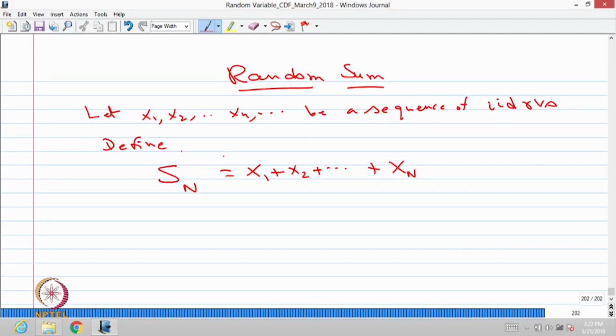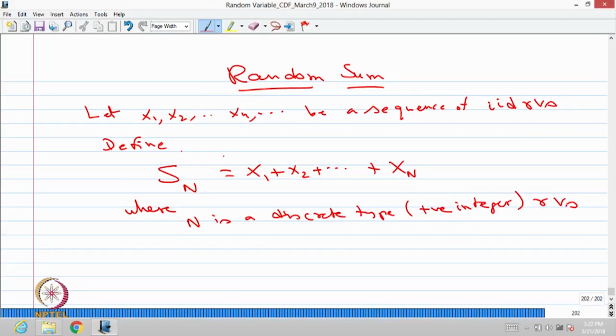This is different from the earlier sum of random variables in the sense I am going to make a capital N, which I made it suffix, a discrete type, in particular a positive integer valued random variable.